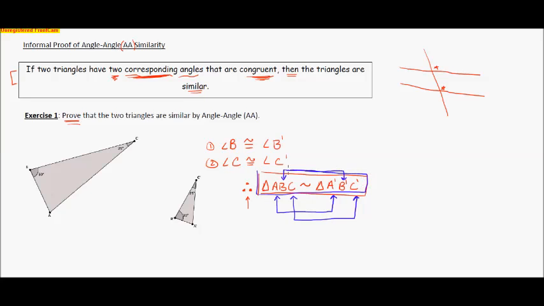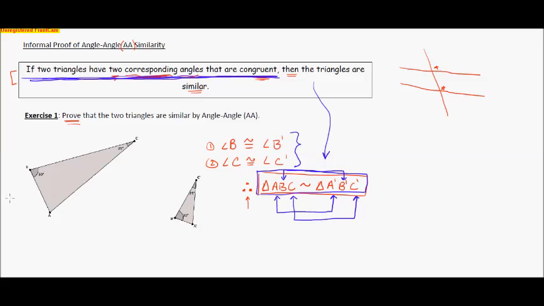You have to have these parts though as well because you have to prove this first part. You have to tell me, do you have two corresponding angles that are congruent? Only then can you conclude that part. So that is number 1.